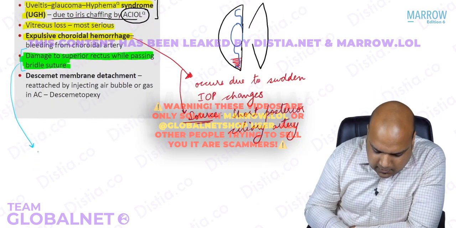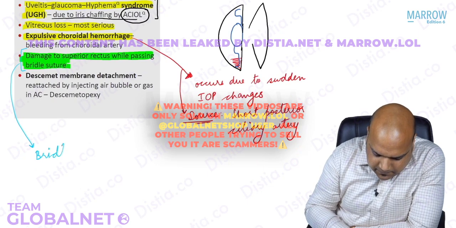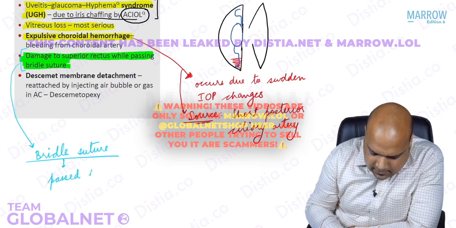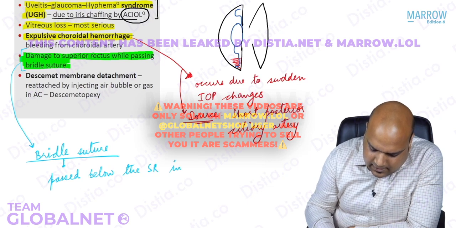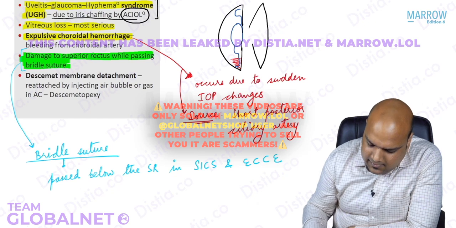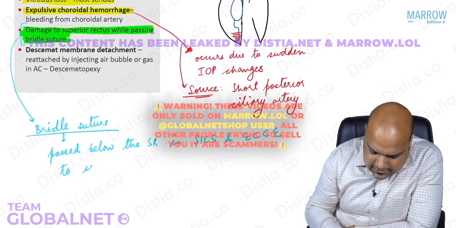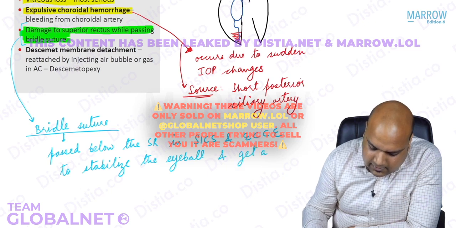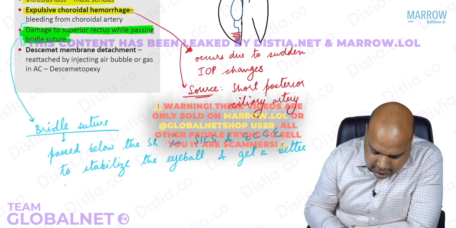Bridle suture, everybody, this is a suture which is passed below the superior rectus muscle in SICS and ECCE to stabilize the eyeball and get a better surgical view.